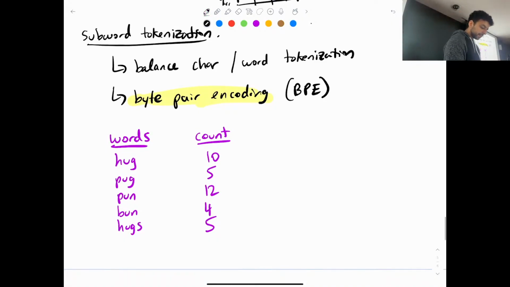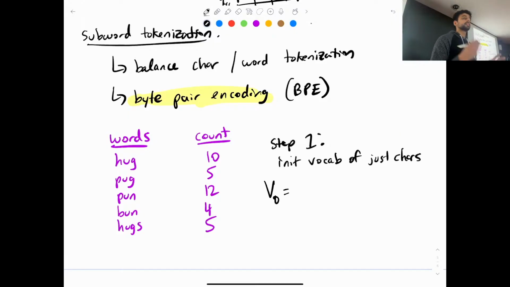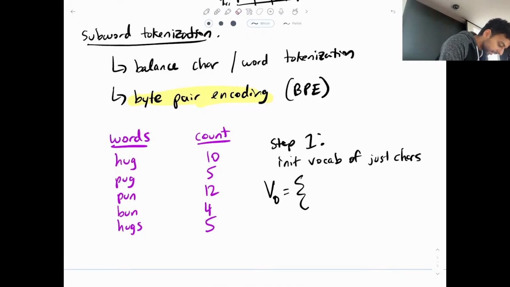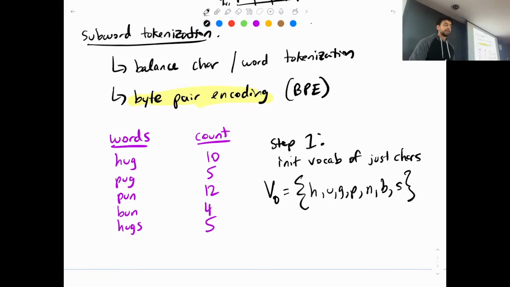So in the first step, I'm going to initialize a vocabulary of just the characters. I'm going to have this V0 here, indicating that this is our basic vocabulary, and it's going to have all the individual characters: H, U, G, P, N, B, S. So I have a vocabulary of 7 characters.